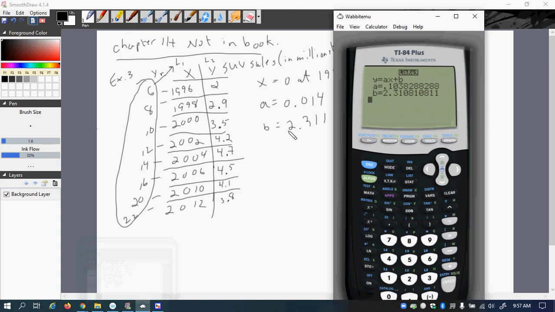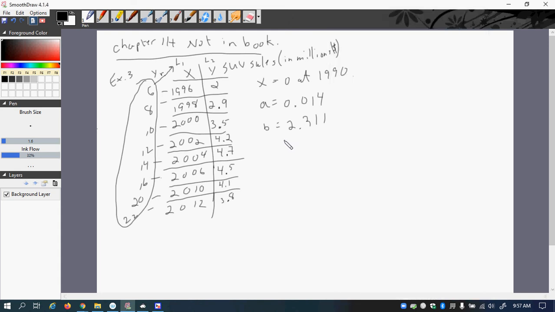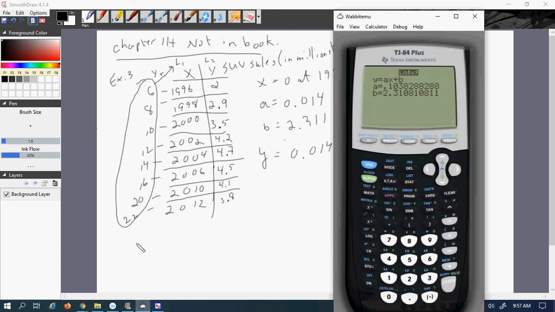So here's my equation. This is what I'd have to type into the homework: y is equal to 0.104x plus 2.311. And if I want to graph it, since I've got it already in there, I just have to hit graph and it will graph it.